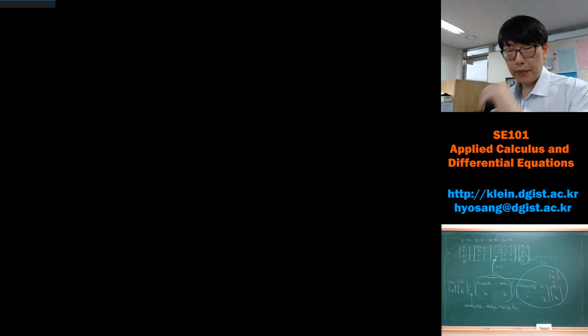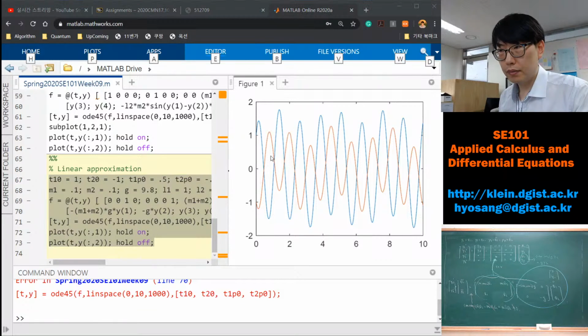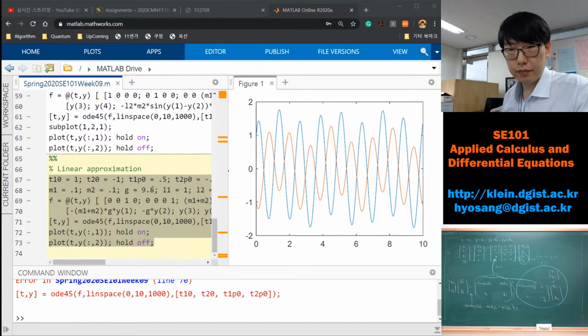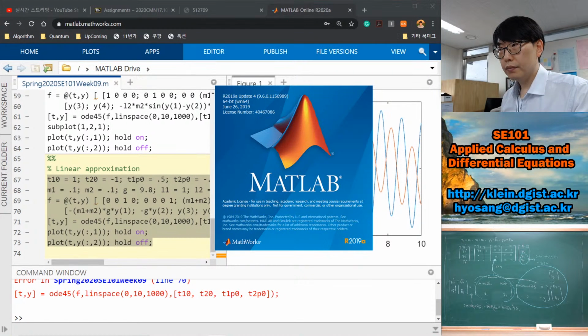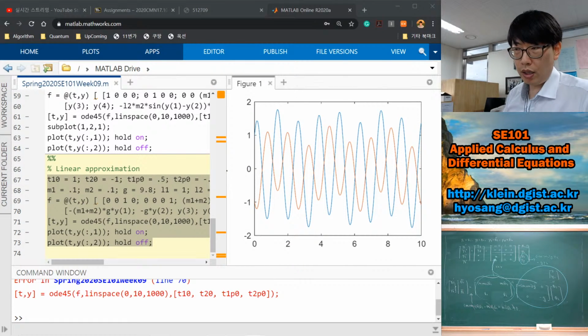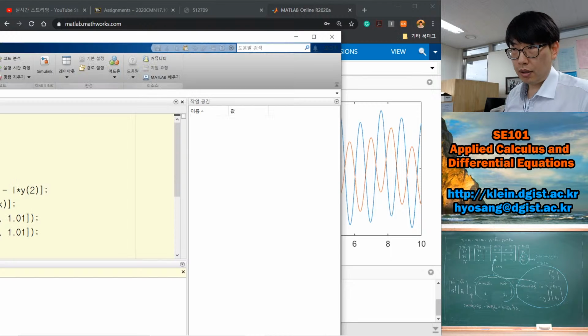So let me show you the animation in MATLAB. This will show you the actual movement without linear approximation.